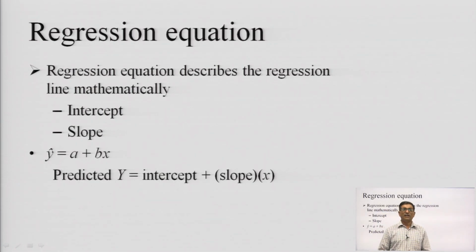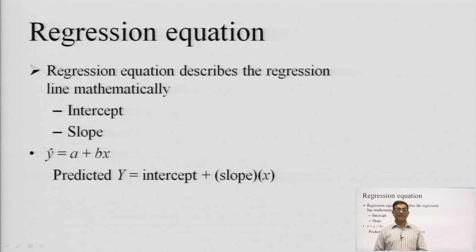Regression can be defined mathematically with the help of the regression equation, and there are two important terms in the regression equation: intercept and slope. As we know, the regression equation defines the equation of a line, and we have read earlier that the equation of a line is y equals m x plus c.